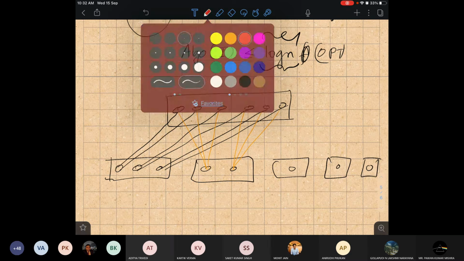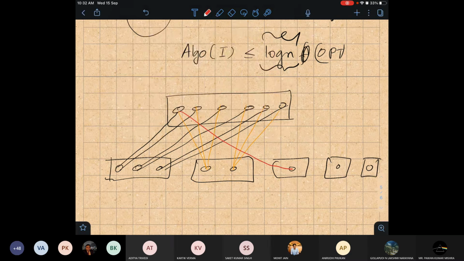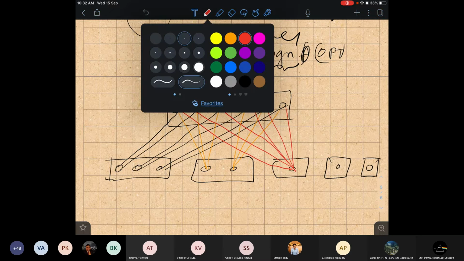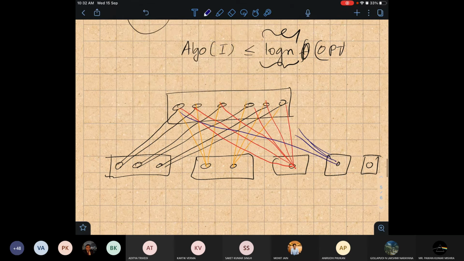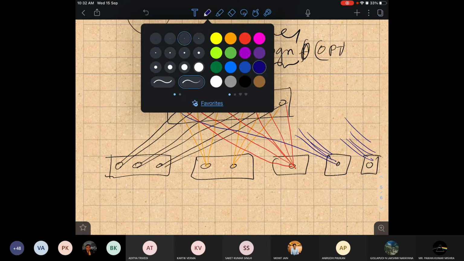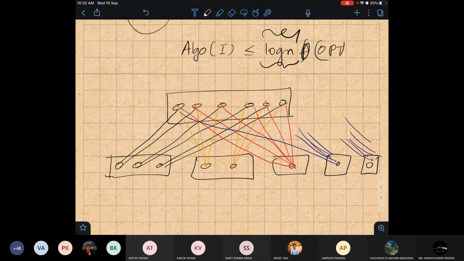Similarly for this blue set of 6 nodes, I'm drawing 6 edges from here and 6 from here. Now what he has suggested is that we take a vertex which has maximum degree.